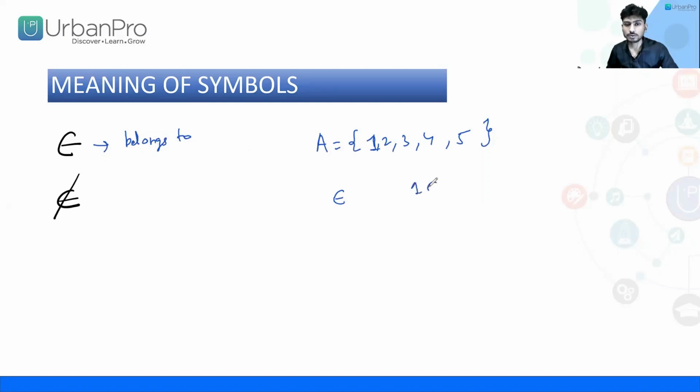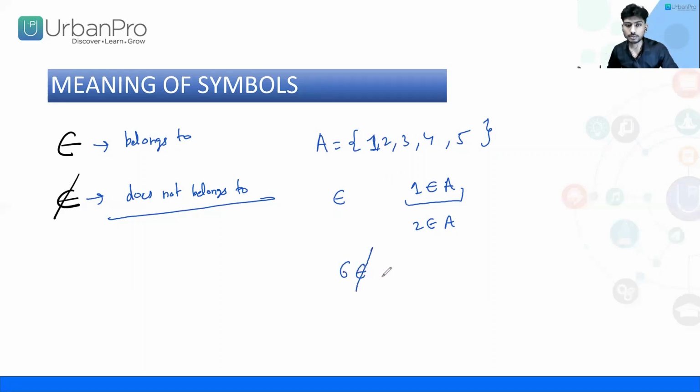So 1 belongs to set A. 1 is an object of A, 1 is an element of A. 2 belongs to A. But if an element does not belong to set A, we will use this sign, does not belong to. Like in this set, 6 is not coming, so you will use 6 does not belong to A. 6 is not an object of A.